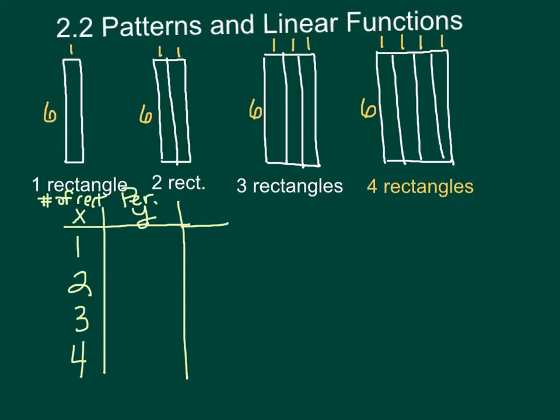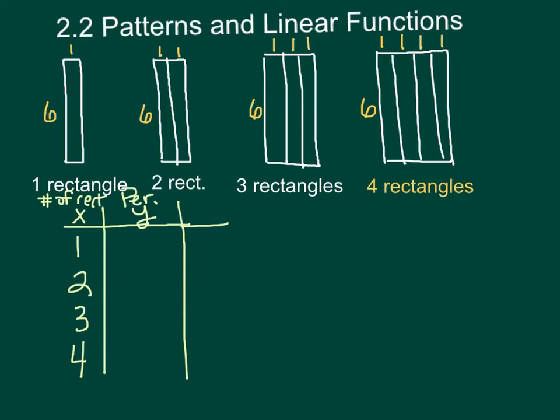So let's look at the first example. What is the perimeter of this first rectangle? Well, we would have 6 plus 1 plus 6 plus 1. But I'm going to use the formula for perimeter. Formula for perimeter is 2 times the length and 2 times the height.